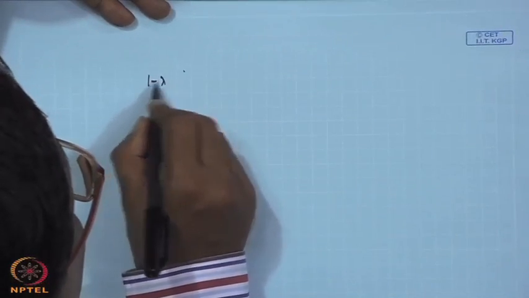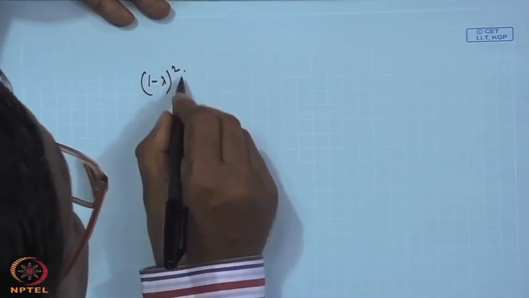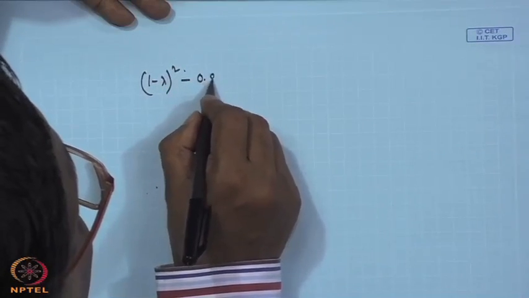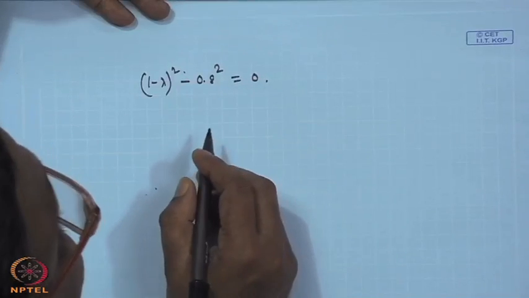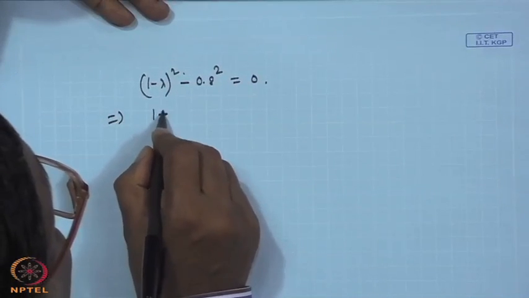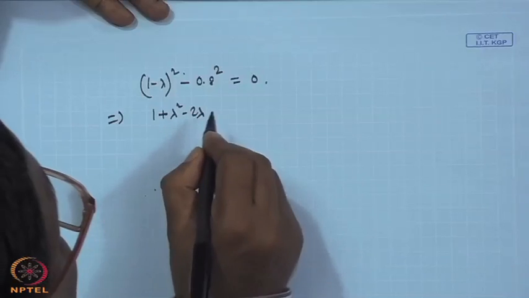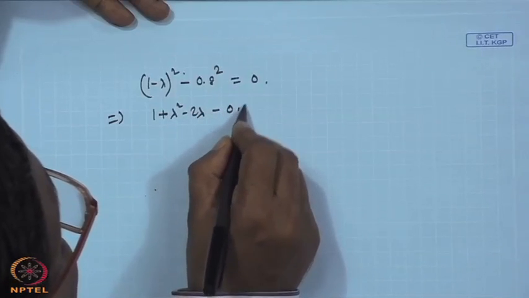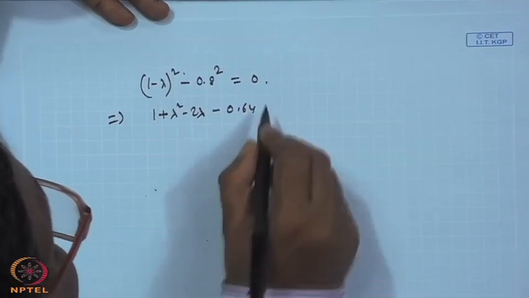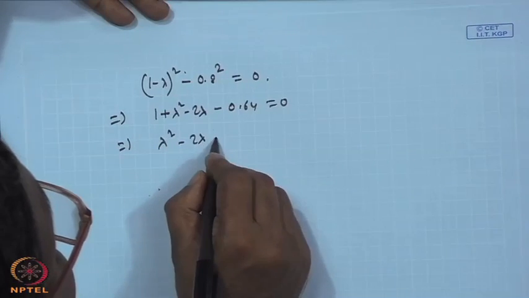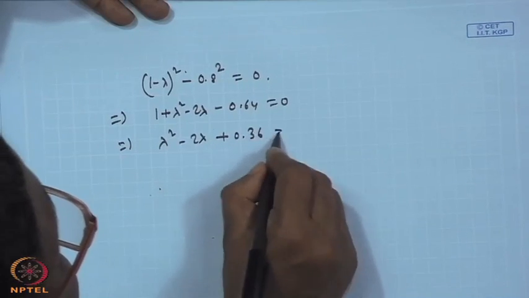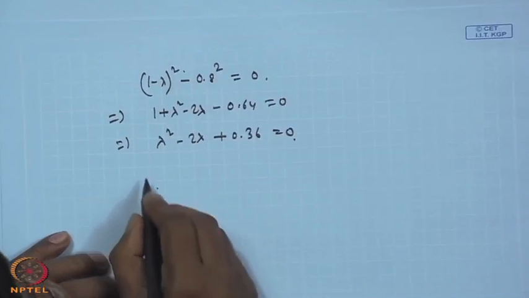Let us see what will happen here. We get (1 minus lambda) square minus 0.8 square equal to 0. So, 1 plus lambda square minus 2 lambda minus 0.64, okay. This equal to 0, then lambda square minus 2 lambda plus 0.36 equal to 0. Then there are two roots.